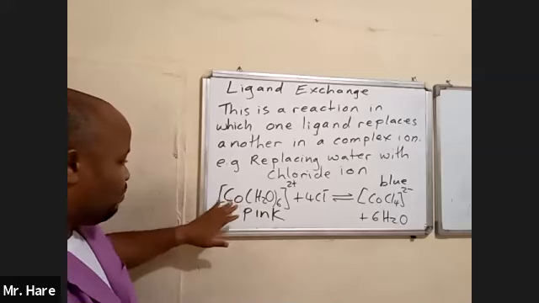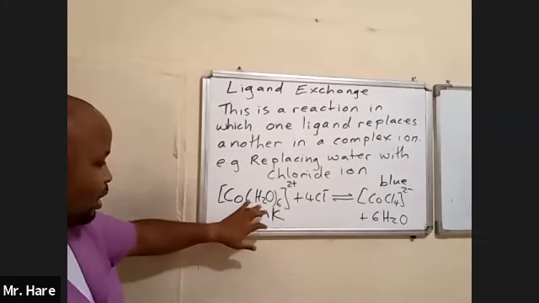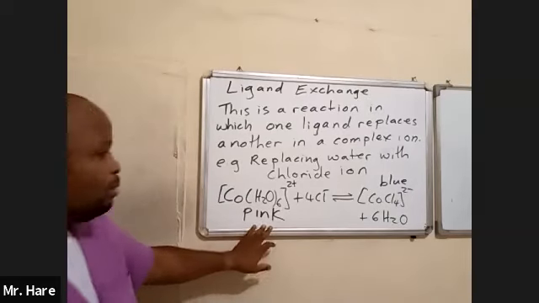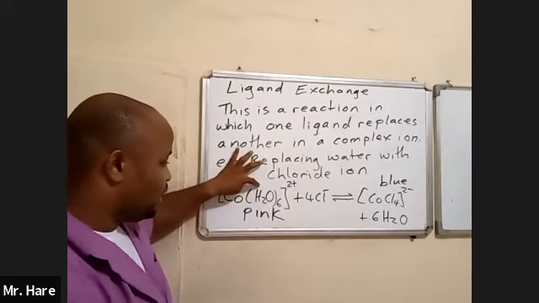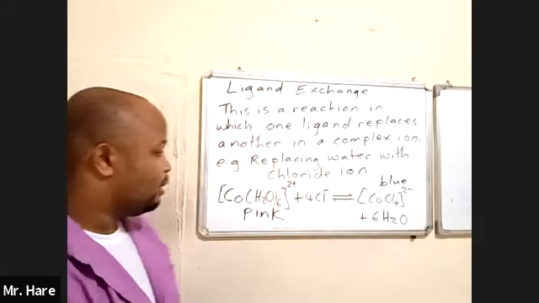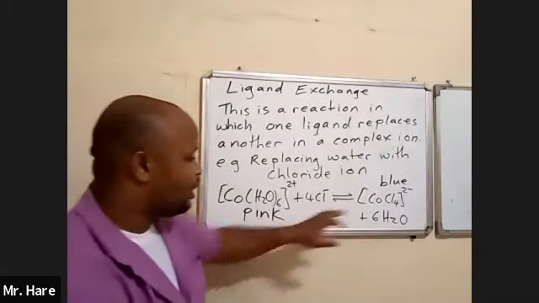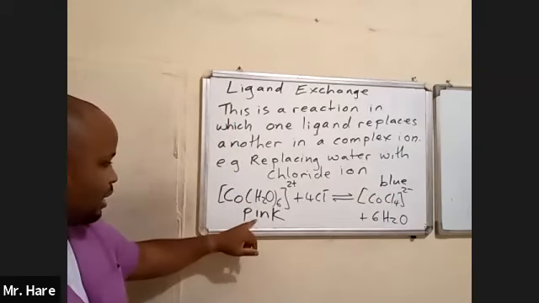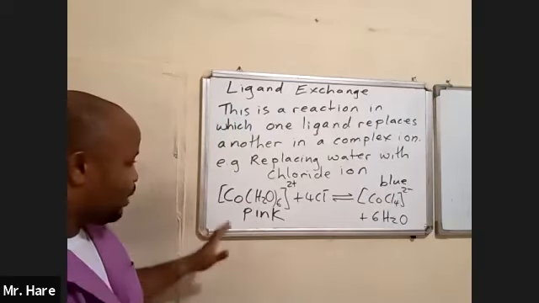So if you have cobalt and water in the complex ion, you have a pink color. But if you add hydrochloric acid to this, it will change from pink to blue. So when the chloride ion is present, it's blue, but when water is present, it's pink.